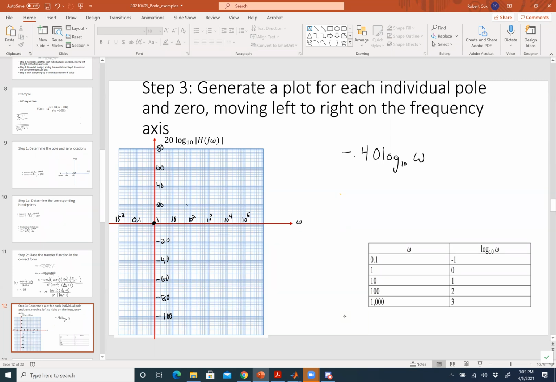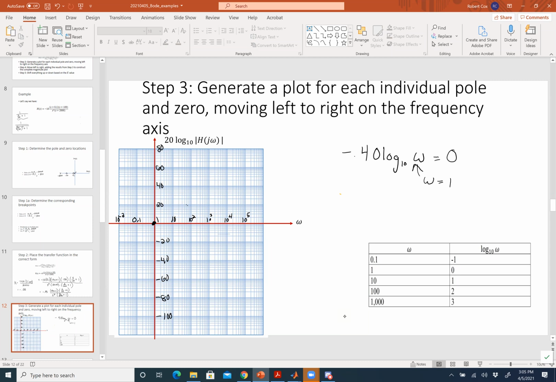If I plug in omega equal to 1, what would this equal? It would be 0, because the log of 1 is 0. So that means that guy's always going to cross through the origin on this log scale. So be careful about that.